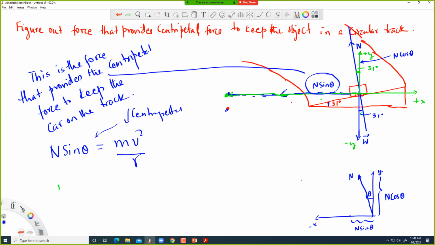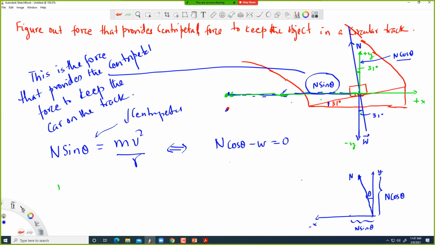This is the main thing you need to identify in the problem. Once you do that, everything else is exactly the same, similar to what we did in the last chapter. And we also can write another equation here. So if I write Newton's second law along y direction, we have n cosine theta minus w is equal to 0, no acceleration.